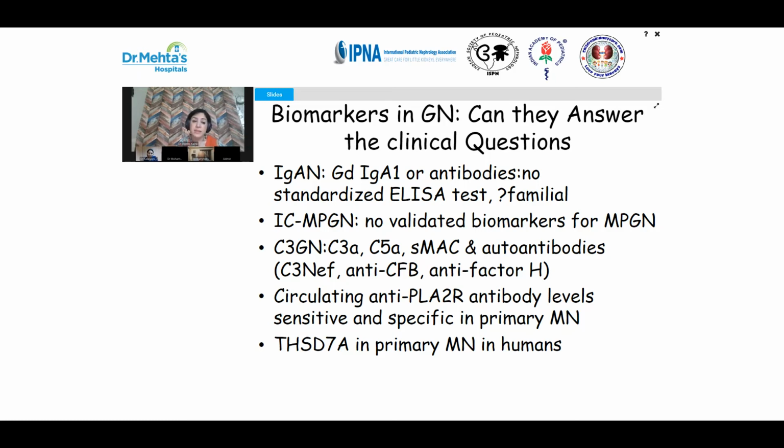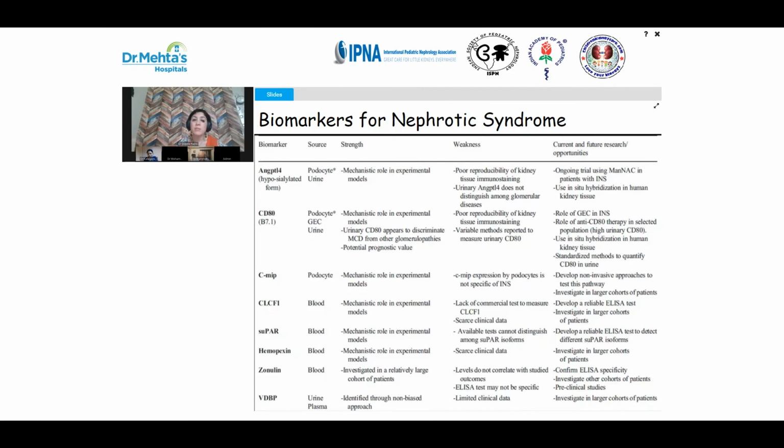All this started because circulating phospholipase A2 receptor antibody levels were found to be highly sensitive and specific in adults with primary membranous disease, and they are being used to identify and also dictate the therapy. So that is why we are still looking at newer biomarkers, to see if we can decide the prognosis, confirm our diagnosis, and dictate therapy.